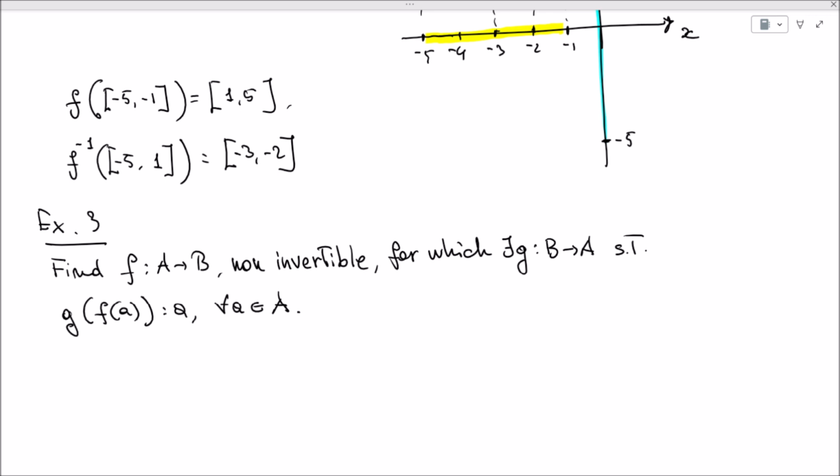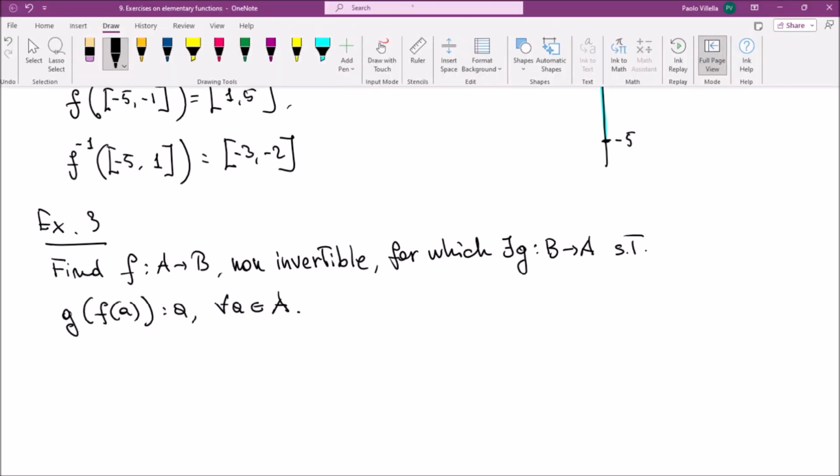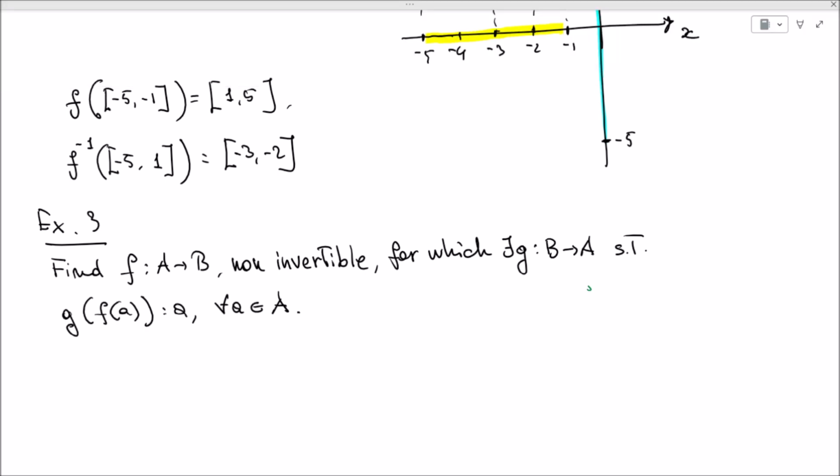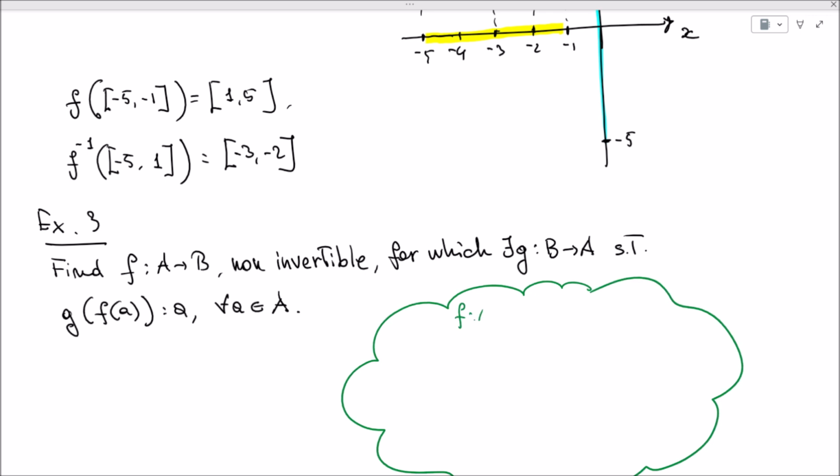you might remember that this is just half of the requirements for an invertible function. In fact, in general, if we have a function f from A to B which is invertible, well, invertible means two things: to be injective and surjective.